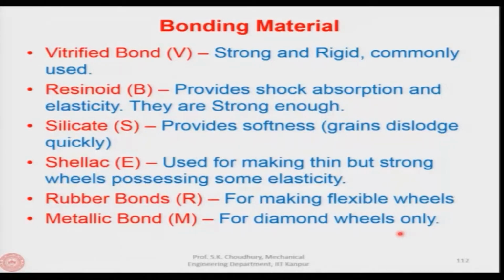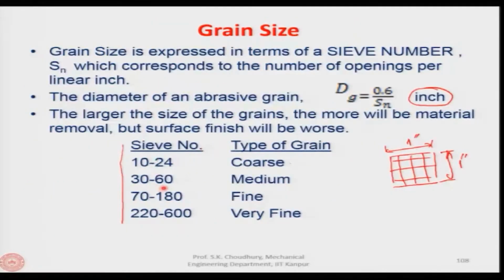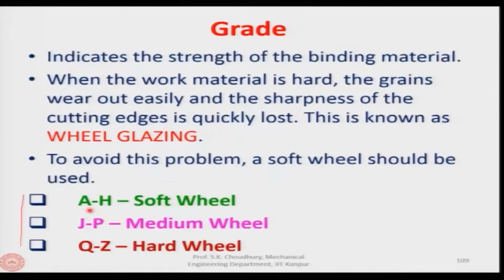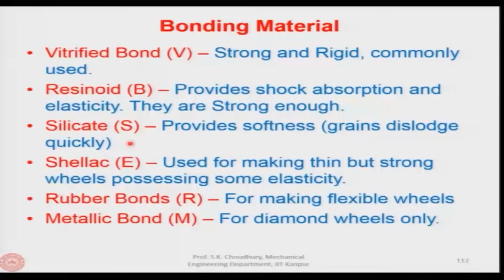Okay. Now, you must have seen that each of these is characterized by a number and a letter. All right. For example, for abrasive material we have an alphabet, next to that a number, next to that an alphabet again, then again a number and so on.